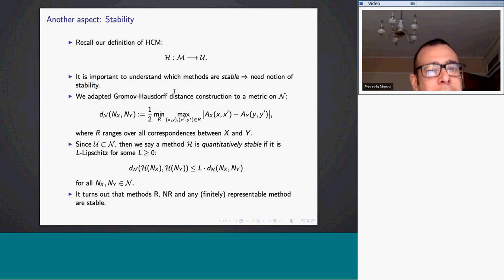So to guess stability, we use the following structural representation by comparing functions on the Cartesian product of a node set with itself. So here two networks x with ax and xy and ay, they're all binary relations between them which are surjective. We call this given r between x and y.